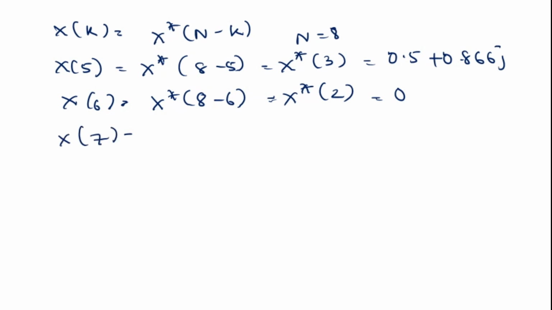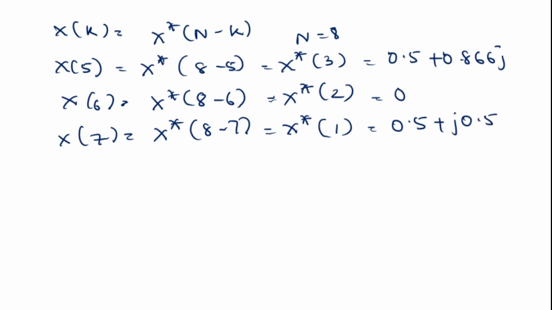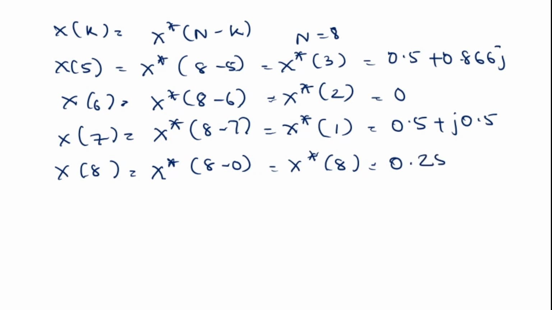X of 7 is equal to x star of 8 minus 7, which is equal to x star of 1, which is equal to 0.5 plus j 0.5. X of 8 is equal to x star of 8 minus 0, which is equal to x star of 8, equal to 0.25.